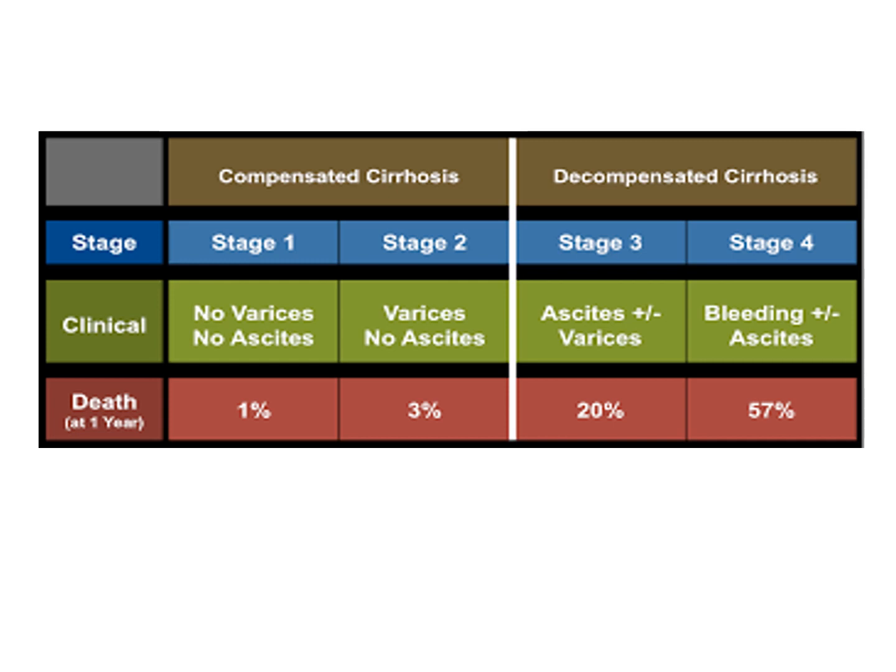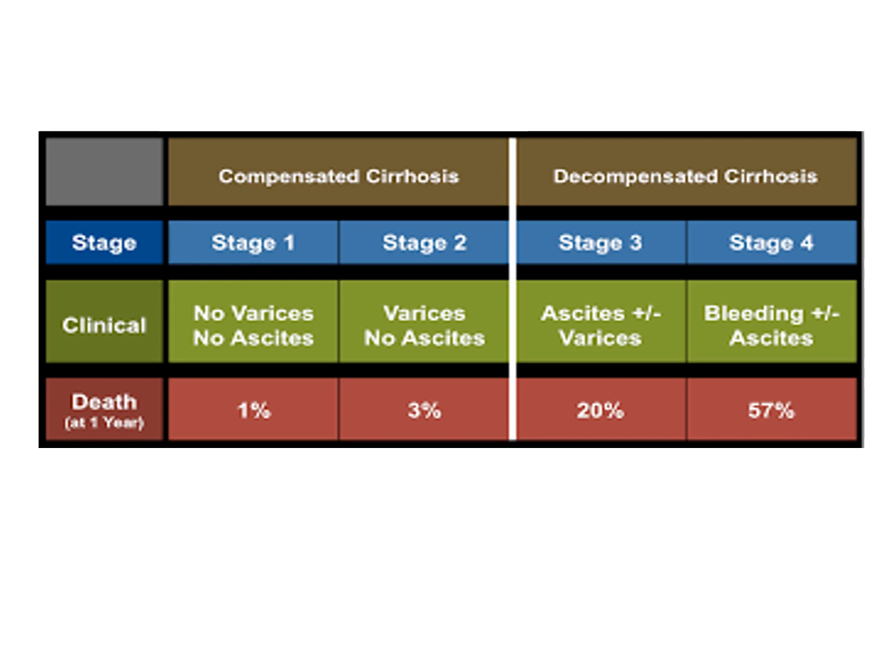In stage 1, there are no varices, no signs of portal hypertension, and no ascites. That means the hepatocyte is still functioning and synthesizing proteins. In stage 2, there are varices, the portal pressure starts to be elevated, but no ascites.